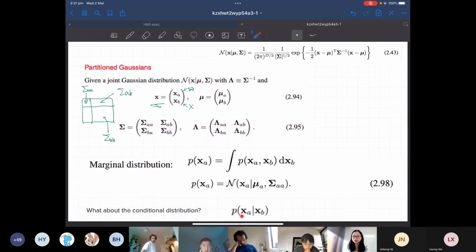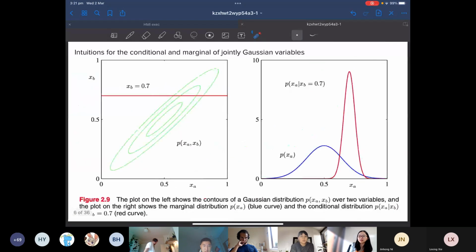If we condition xa on xb though, things will change. It's no longer that simple, and that's where things get interesting, and that's why Bayesian inference makes sense. So let's first look at cases where xa and xb are scalars in order to establish some more intuition. Here is a general 2-dimensional Gaussian distribution.